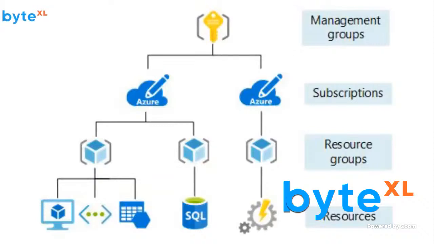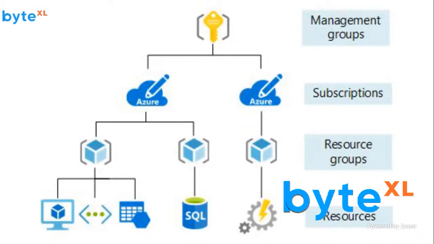So we understood what a management group is, what subscriptions are, and what a resource group is and what comes up in it. There can be multiple resources in a single group, for a single project. As in the earlier example of HR, marketing, and finance, the finance team could have used multiple resources.